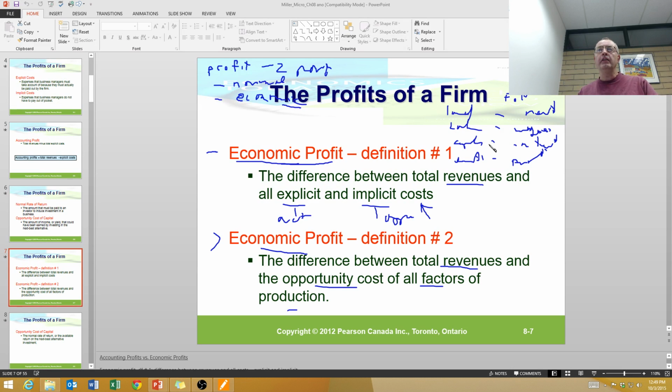So every factor of production has a return. So if any factor of production does not receive its fair market payment, then the owner of that factor of production suffers an opportunity cost. And so when economists calculate economic profit, they have to factor in all these implicit costs. So it has to include all of the opportunity costs associated with the factors of production.